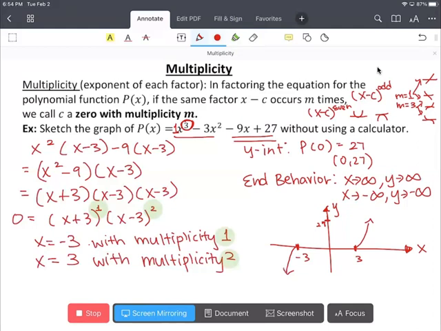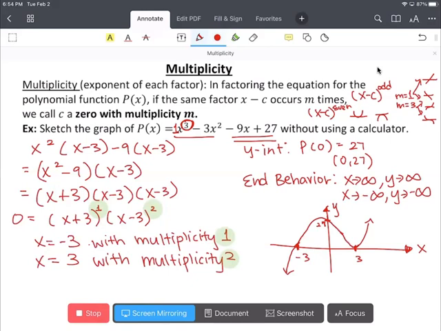And because of multiplicity 1, when x equals -3, you know that it will cross the x-axis. And when x equals 3 with multiplicity 2, because the multiplicity is even, we know that it will bounce off at the x-axis.